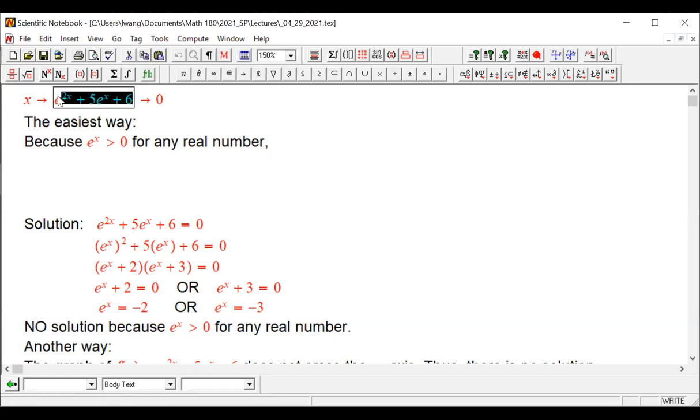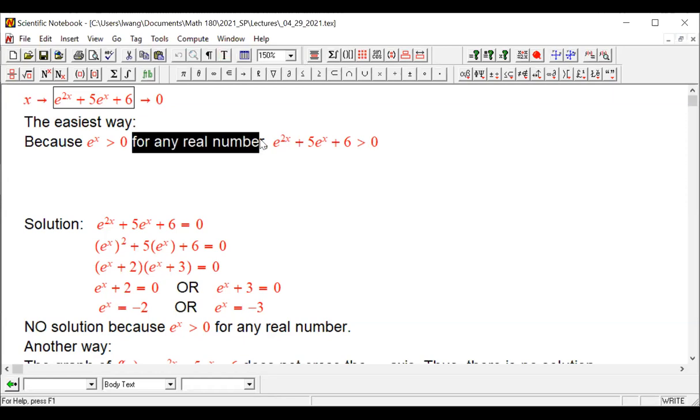So this entire function, this guy is positive. This guy is positive. A positive number plus another positive number and then plus 6 is going to be greater than 0 for any real numbers as well.